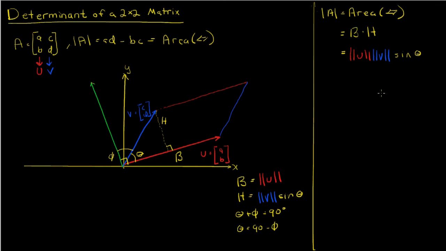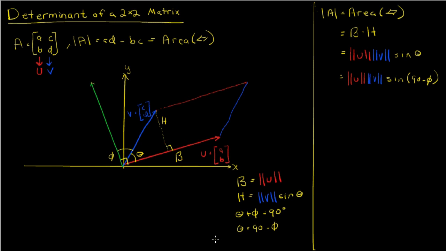And then we can substitute in here. So we're going to go ahead and write this equation again with that substitution in place. Magnitude of U, and then we get the magnitude of V, and then we get the sine, and again theta equals 90 minus phi, so we're going to put that in here, 90 minus phi, and then we're going to draw on a property that we learned in trigonometry.